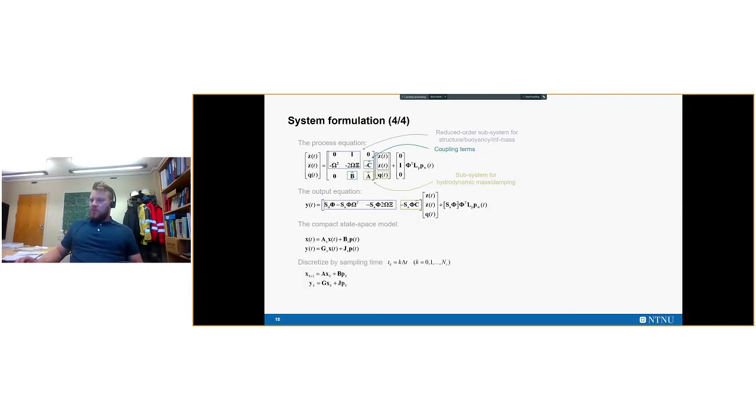So what we end up with is a very compact state space model that we are able to use in the force identification. And the size of this model is quite small. This is why we call it a reduced order model. And this is due to the fact that we want to save some computational time in this inverse estimation.